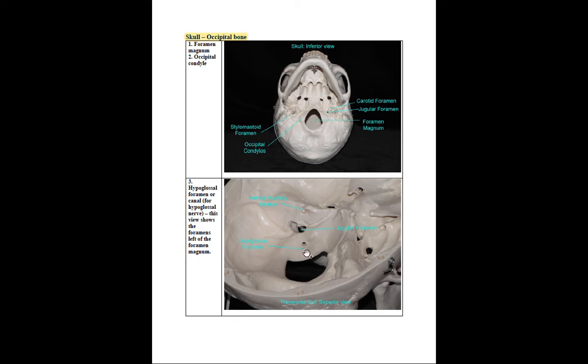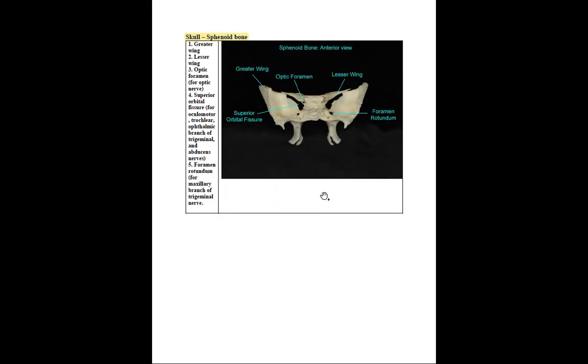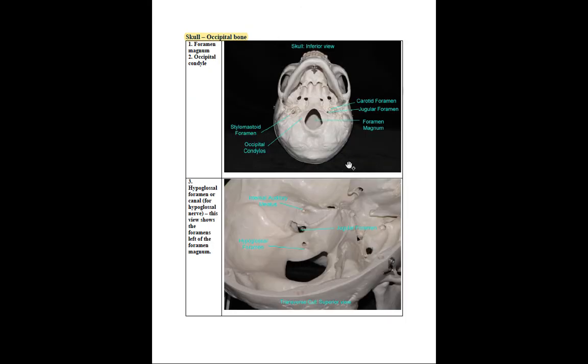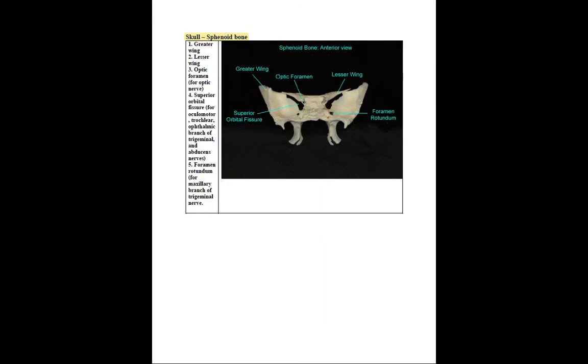So it's actually just below that. There's a little fossa right below there, and that would be where the hypoglossal foramen would be. You can call it the hypoglossal foramen or the hypoglossal canal. Either one would be accepted for the practical. So those are all the features for the occipital bone.